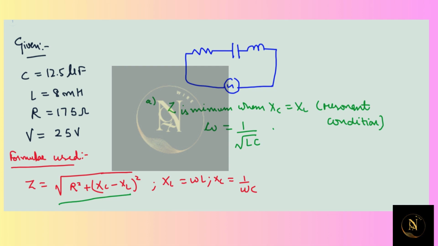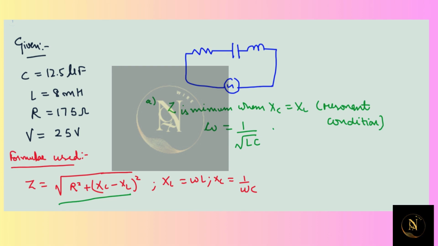Looking at this, this is a positive number and this is also a positive number, so both add. This one cannot be negative, and it can be 0 if and only if XC is equal to XL. So Z is minimum when XC equals XL.